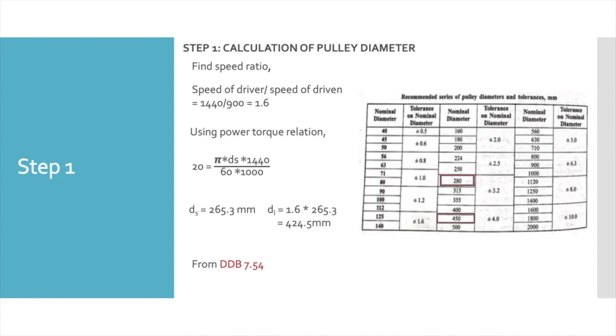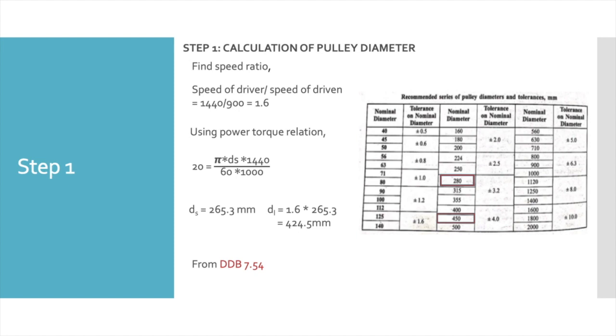What we found is just a value, and it is not a recommended value. We are going to find the recommended value from the design data book, page number 7.54. For your information, we are using the design data book published by PSG. On page 7.54 we can see this table, recommended series of pulley diameters and tolerances.